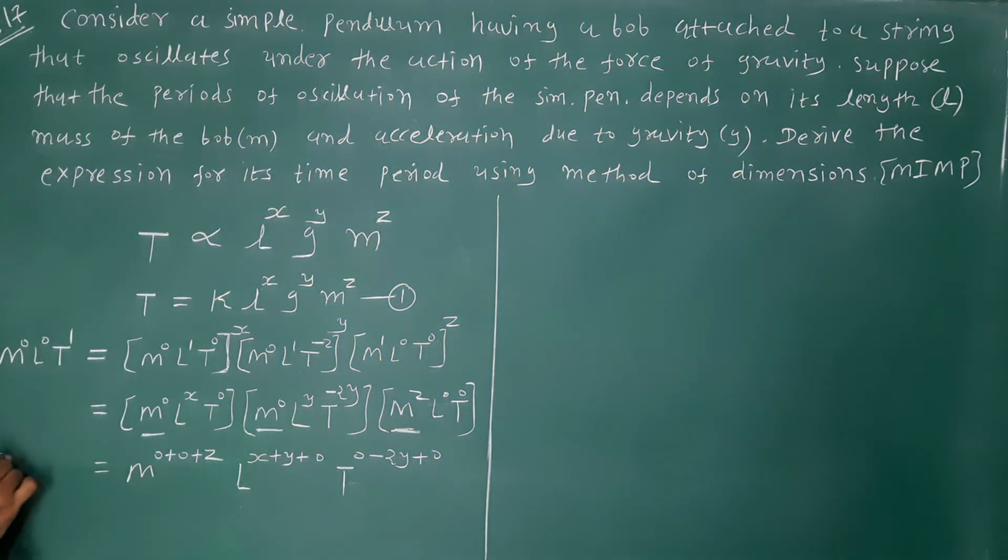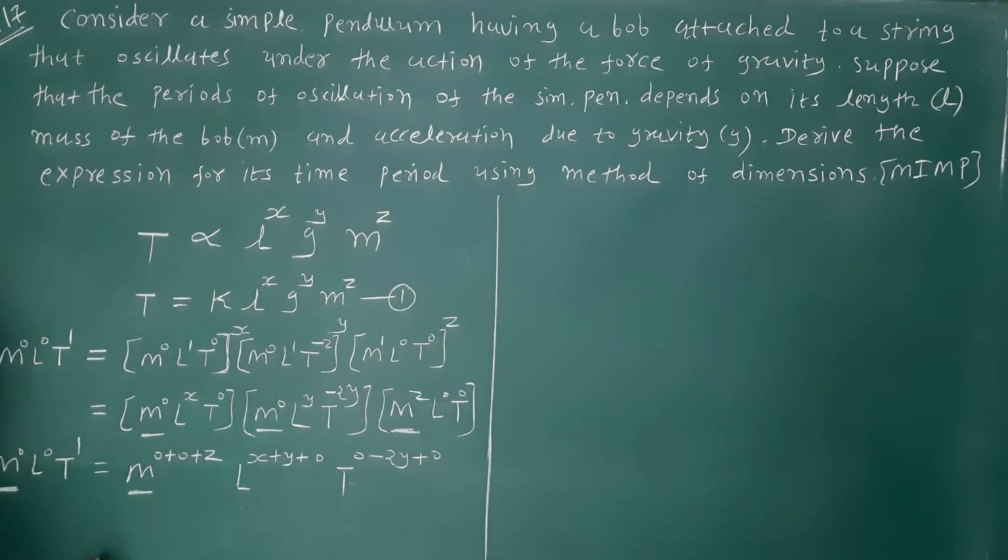And on the left hand side, M raised to 0, L raised to 0, T raised to 1. Again, on the left hand side and right hand side the bases are the same, so the powers are also the same.